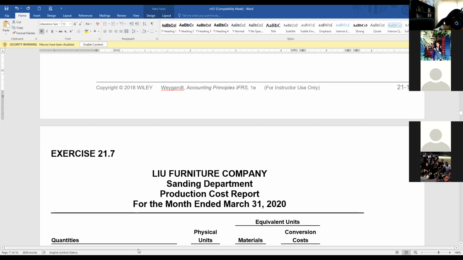It says the sending department has production of 7,000 units finished and transferred out, and 3,000 units that are 100% completed for material and 20% completed for conversion costs.